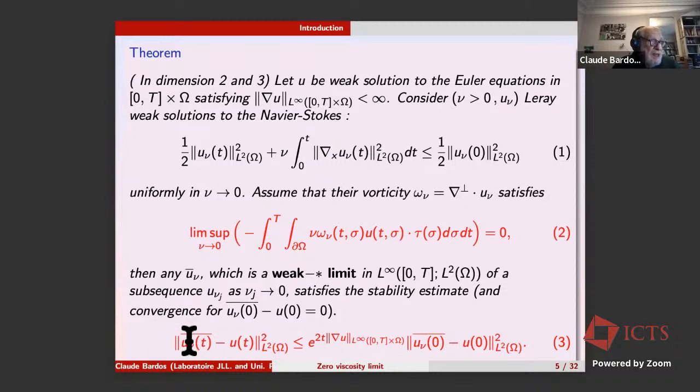That tells you exactly how you get the convergence under the hypothesis 2.